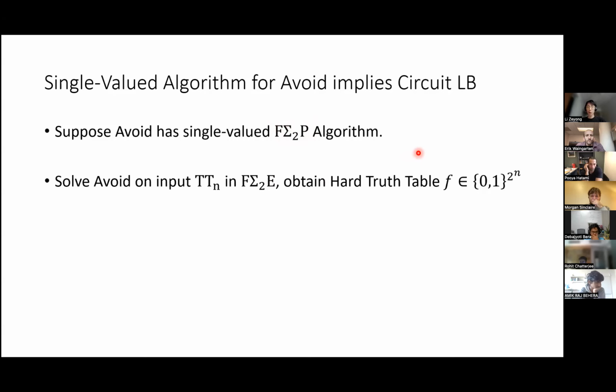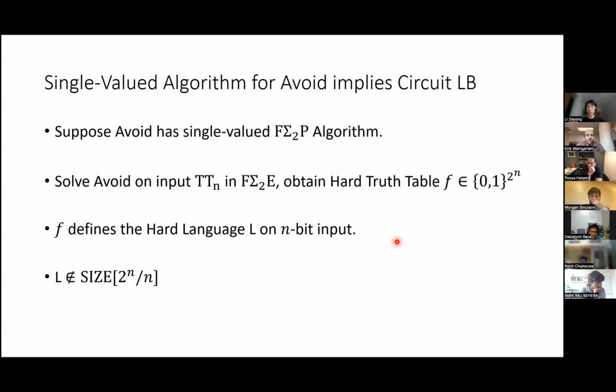If we solve range avoidance on the input TT, the truth table generating circuit, we can obtain a hard truth table F that's 2 to the n bits. We use F to define the hard language L on n-bit inputs. And by definition of running range avoidance on TT, this hard language L cannot be computed by any circuits of size 2 to the n over n.